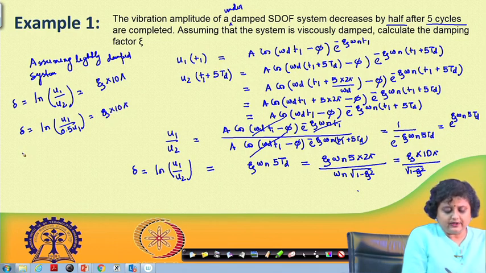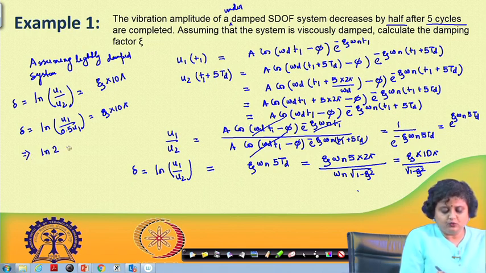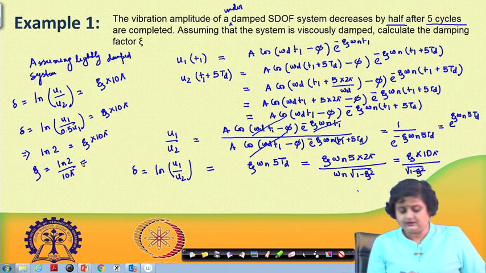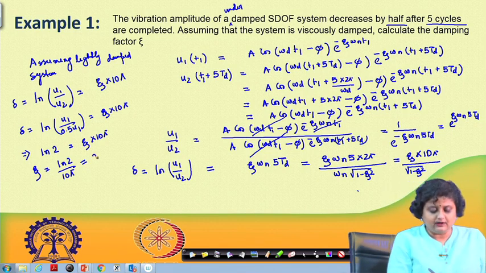Okay. So, therefore, ln of 2 is equal to zeta into 10 pi. Therefore, zeta is nothing but ln 2 by 10 pi. Okay. If you evaluate this, you can find out the value of zeta.